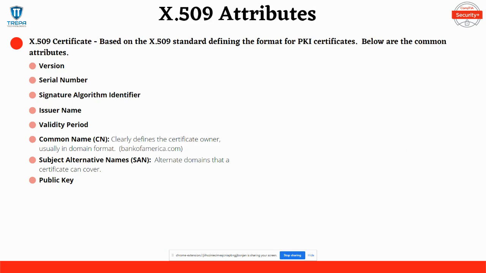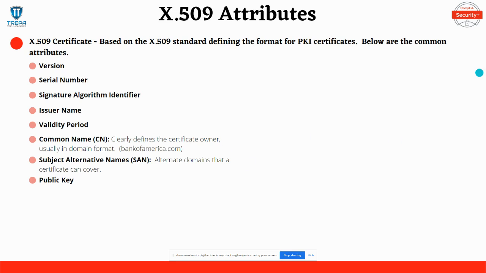In the last slide, we're going to go over the X.509 certificate and its attributes. The X.509 certificate is a standard that defines the format for PKI certificates. In an X.509 certificate, the following attributes are listed here on our slide.